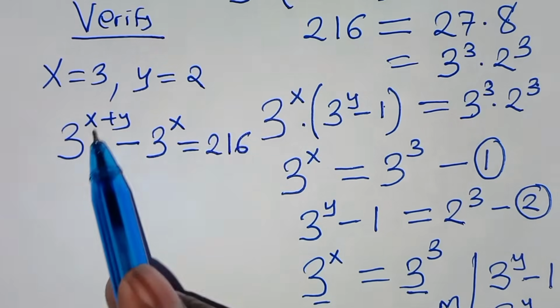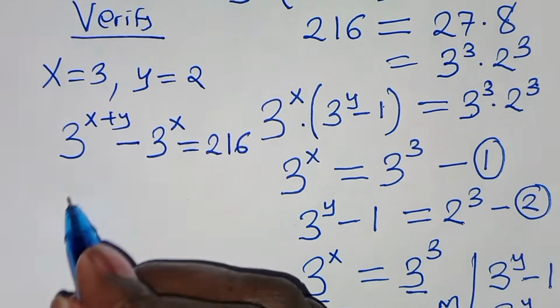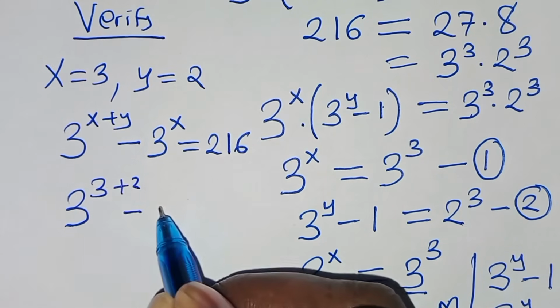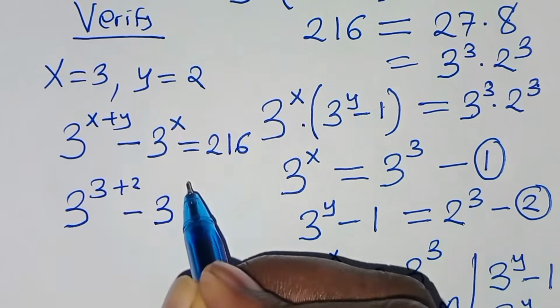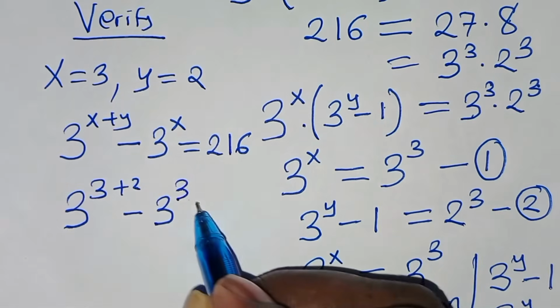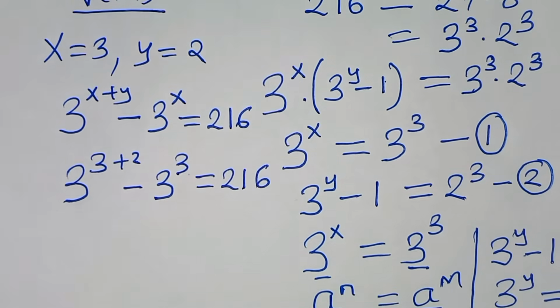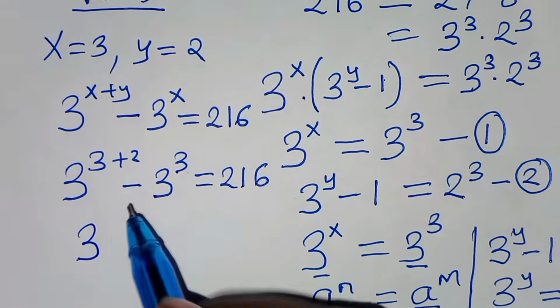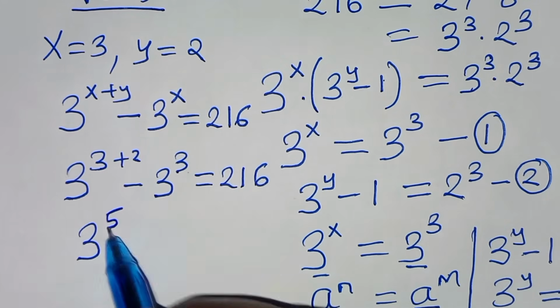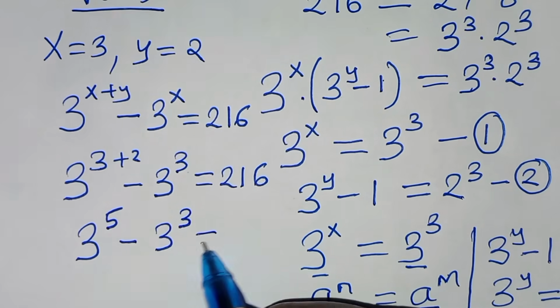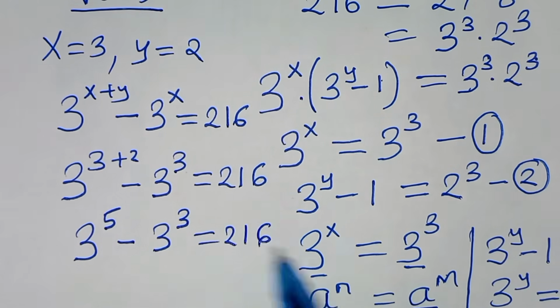So substituting the value of x and y, we have 3 to power 3 plus 2, subtract 3 to power x, which is again 3. This should give us a value of 216. So 3 to power 3 plus 2, this is 5. Subtract 3 to power 3.